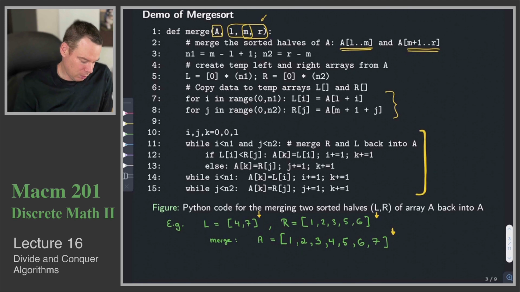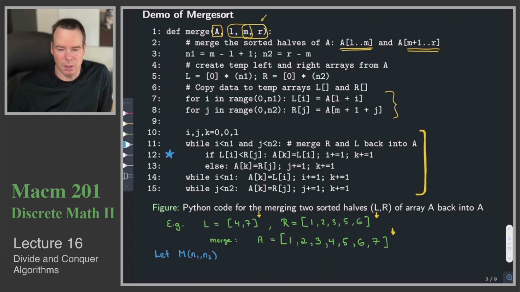And so what we'd like to know is, what is the cost to do this? How many comparisons get made? The comparison line is line 12. So we're going to figure out the cost of running this algorithm by just figuring out how many comparisons get made. So what we'll do is we'll let M(N1, N2), where N1 is the length of one half of the array, or the left array, and N2 is the length of the other array, the R array.